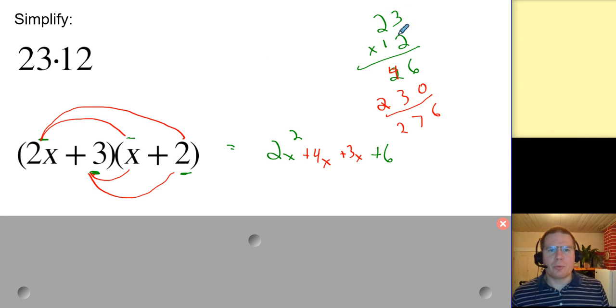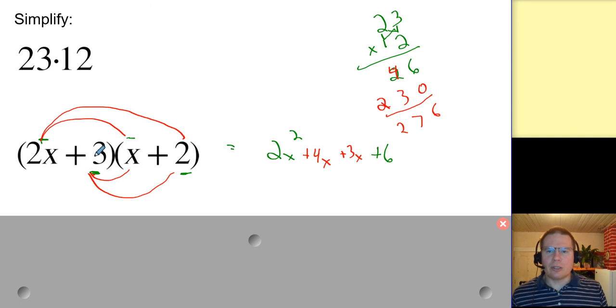When we multiply, we take this term, multiply it by both of those terms. There's my 46. We take this term, multiply it by both of those terms. That's my 230. Then I add up my tens, combine like terms, I get that. I take my 2x, multiply it by both of these terms, 2x squared and 4x.